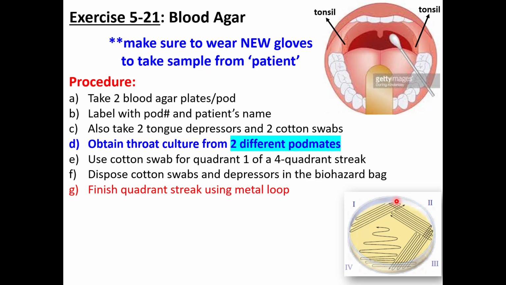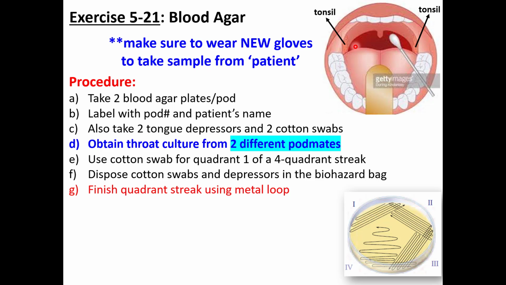It's better to do a 4-quadrant streak, because remember, this type of streak is more appropriate if you have either clinical samples, as is the case for a collection from the throat, or a sample that has a high number of bacteria.